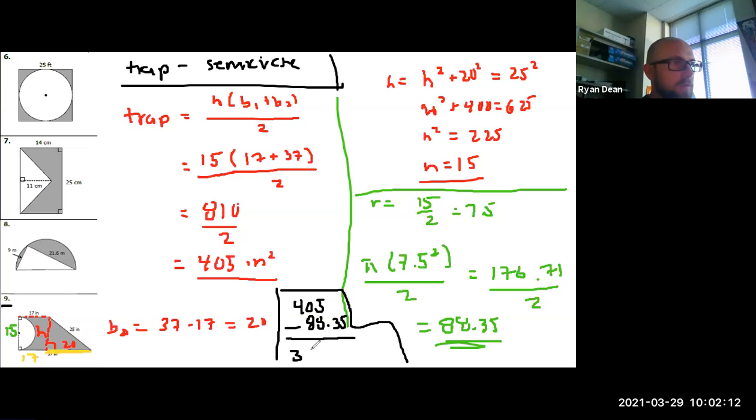And then that gives me 316. We're just going to call it 316.65. So that is the total area of what's shaded over here on this trapezoid.